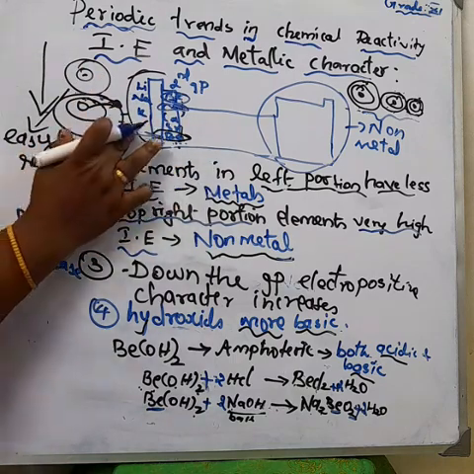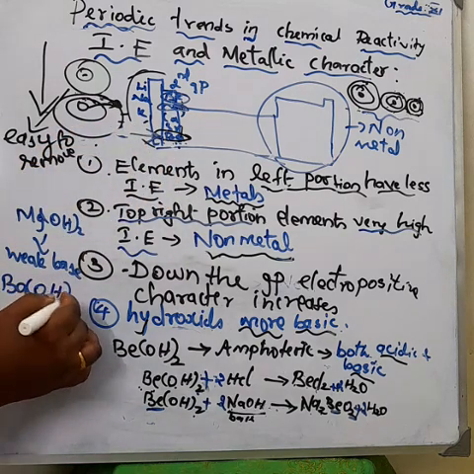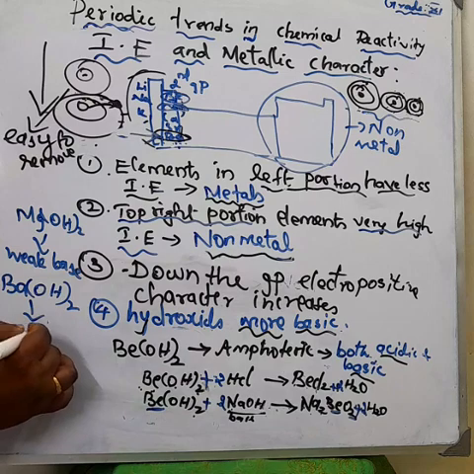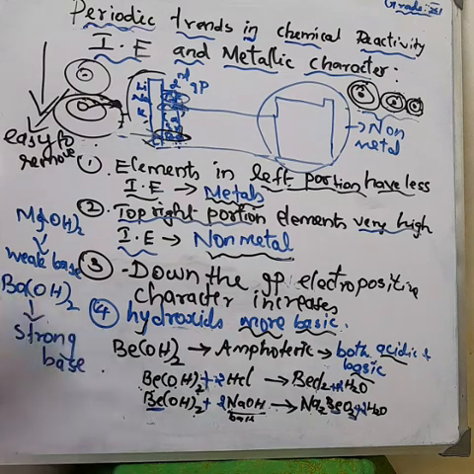So barium hydroxide is one of the strong bases. So we come to know that when we are moving down the group, basic character increases. Okay, so let me conclude here.